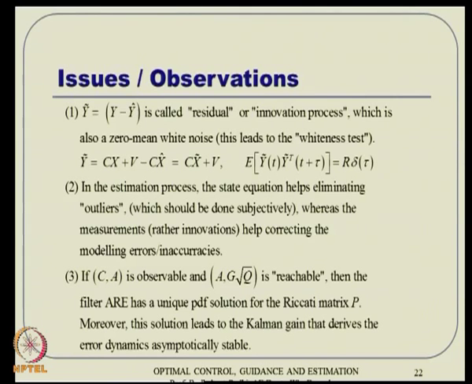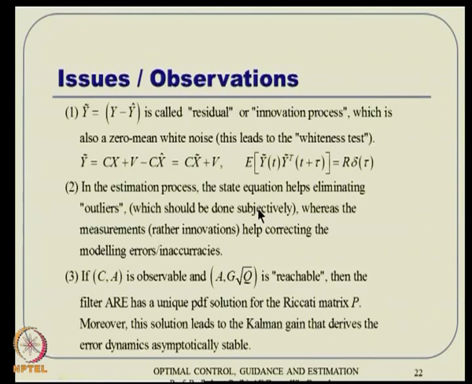That is called the whiteness test. In other words, this y tilde has to behave like white noise. And y tilde is Cx tilde plus v, and the expected value of y tilde y tilde transpose should turn out to be R. So that is a kind of whiteness test.